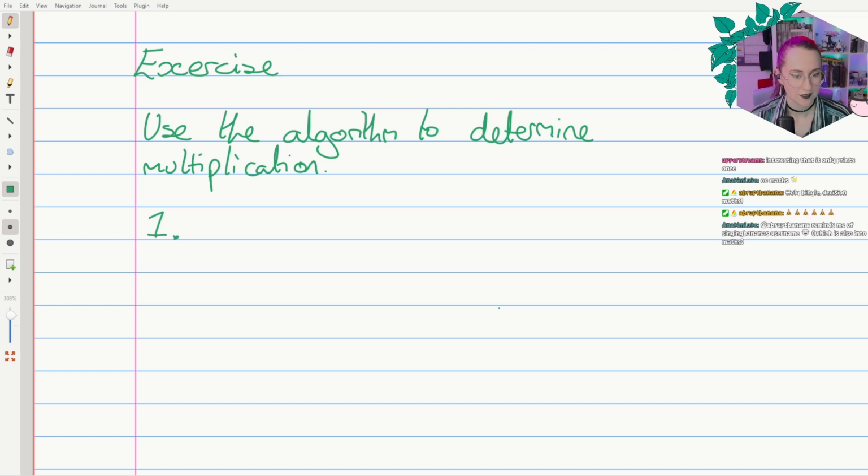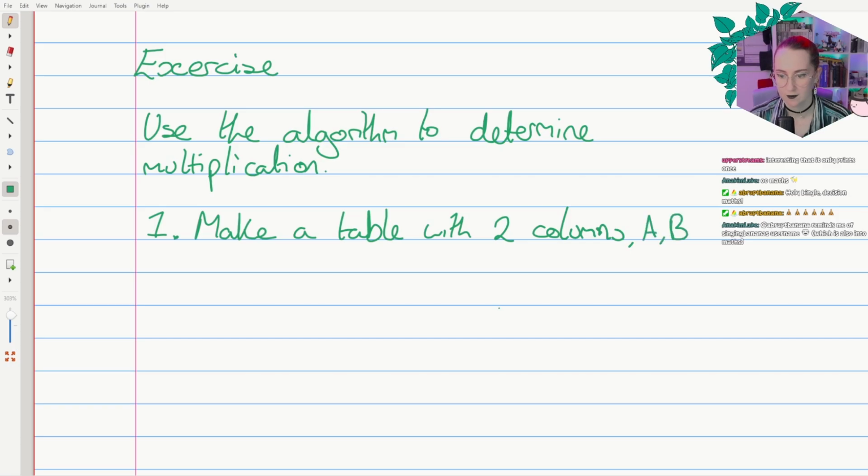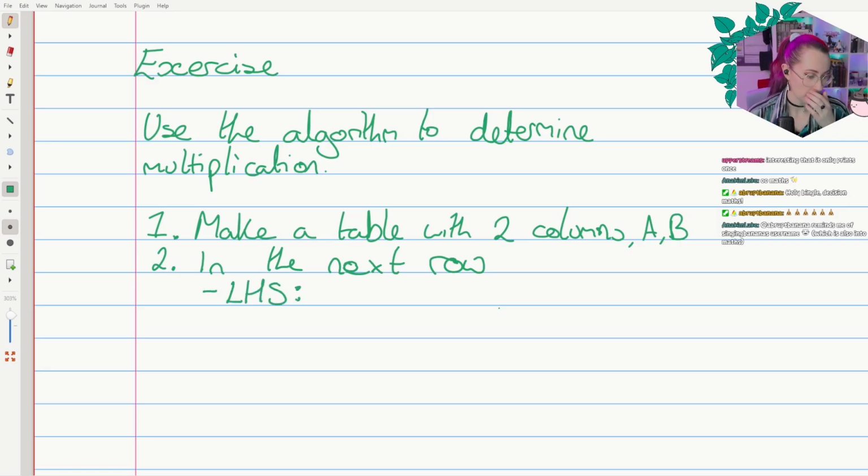So the algorithm is: make a table with 2 columns, A, B. In the next rows, in the left-hand column, halve all of A, ignoring remainders.